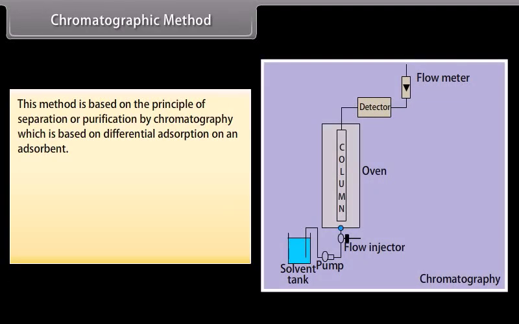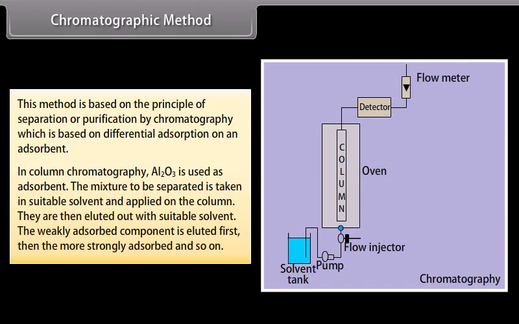Chromatographic method. This method is based on the principle of separation or purification by chromatography, which is based on differential absorption on an absorbent. In column chromatography, Al2O3 is used as absorbent. The mixture to be separated is taken in a suitable solvent and applied on the column.